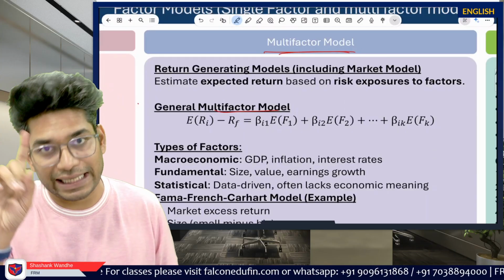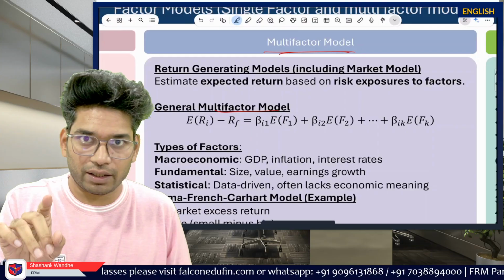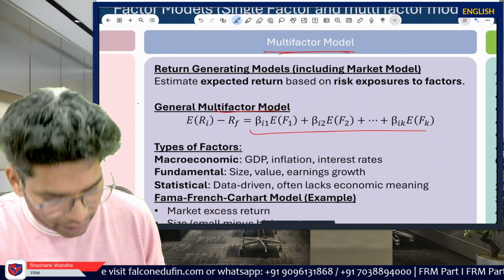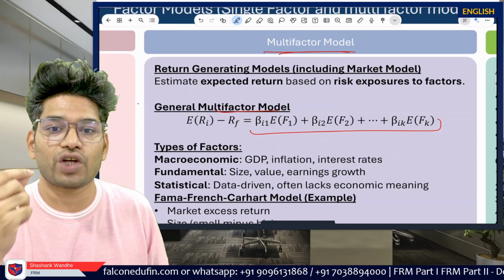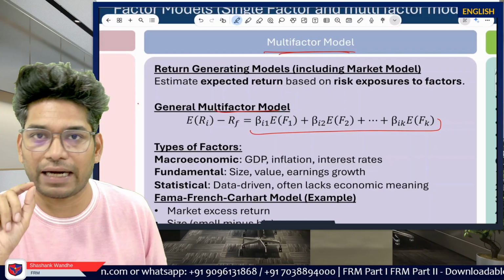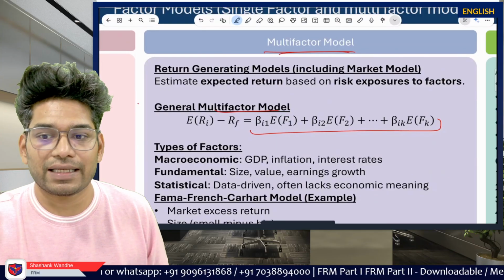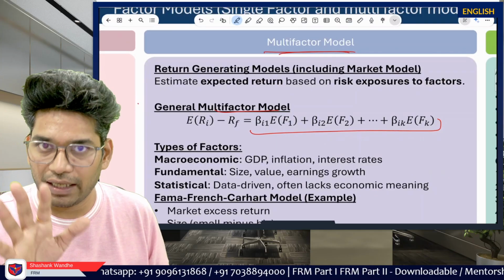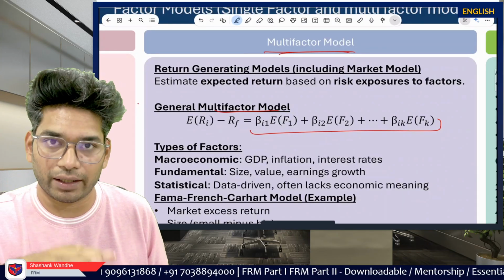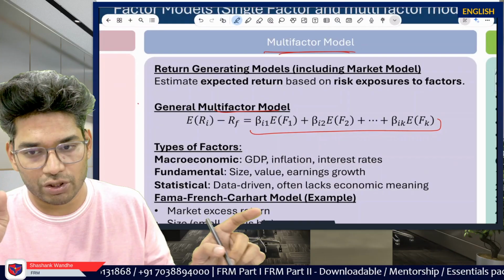It simply says in the CAPM you are using only one factor, so it says you can use multiple factors. That's it. Now what are these factors? This general multi-factor model does not specify the factors. It is simply saying you can use multiple factors. That's it. Beta 1 factor 1, beta 2 factor 2, beta 3 factor 3, and so on.